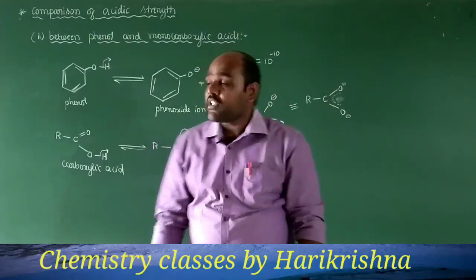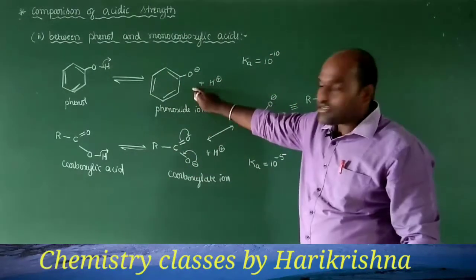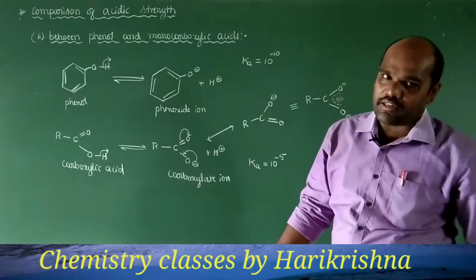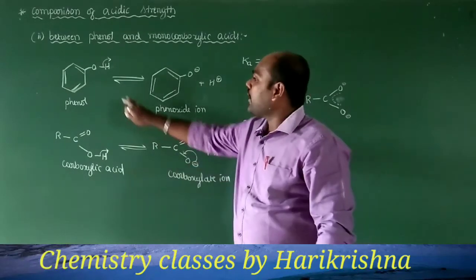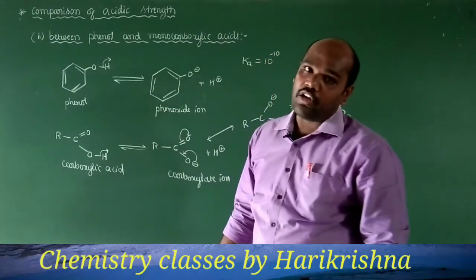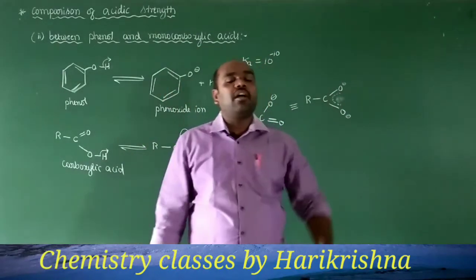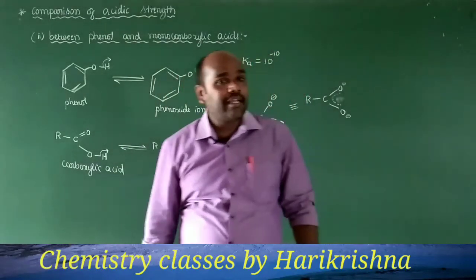So based on all this, we can say that compared to phenol, carboxylic acid is stronger. The acidic strength of monocarboxylic acids is very high in comparison with phenol. And this is the comparative study of acidic strength of phenol with that of alcohol and monocarboxylic acids.